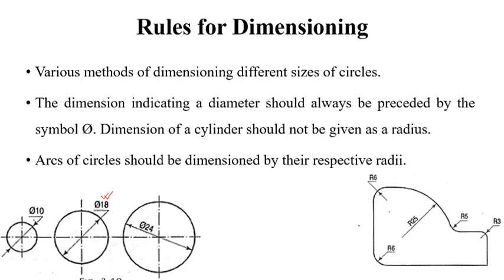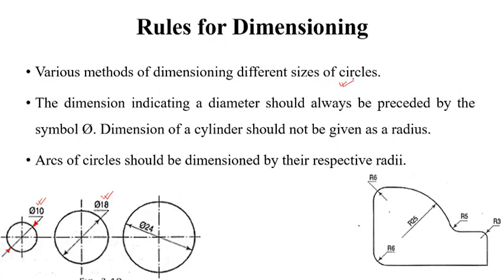And if the figure is still smaller, then the arrowhead is placed outside the object, and the dimension figures are placed here like this. So these are the various rules used for dimensioning the different sizes of circles.